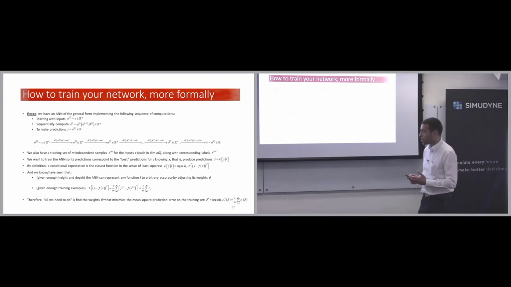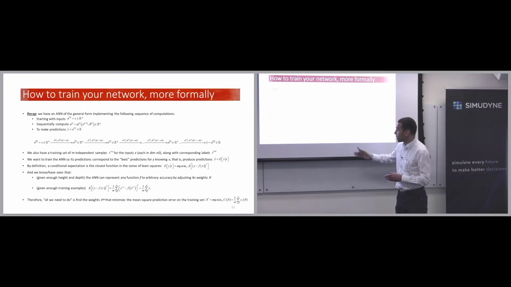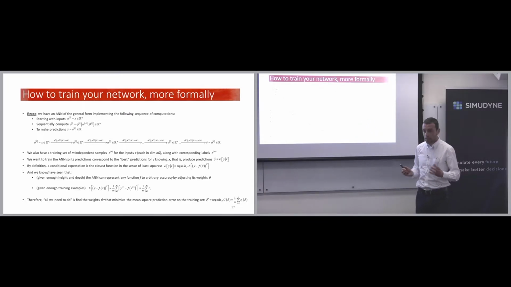Okay? Now, good news and bad news. There are all of these guarantees that there exists an optimal configuration in the network, so that at least asymptotically the network will give us the best prediction for y that can be made.